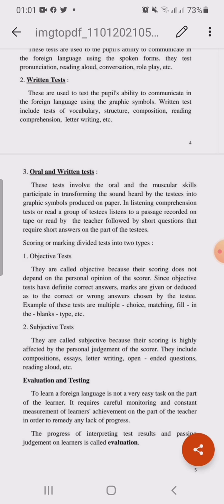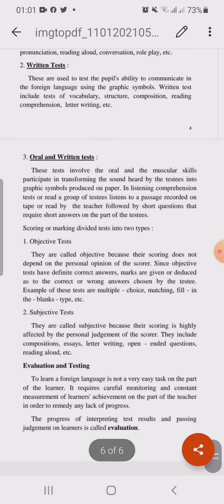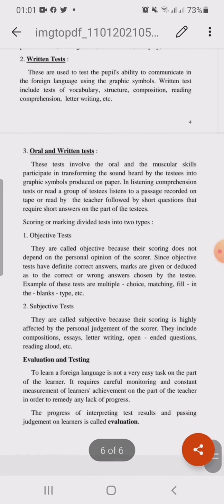Since objective tests have definite correct answers, marks are given or deducted as to the correct or wrong answers chosen by the testee. Examples of these tests are multiple choice, matching, filling the blanks type and etc.